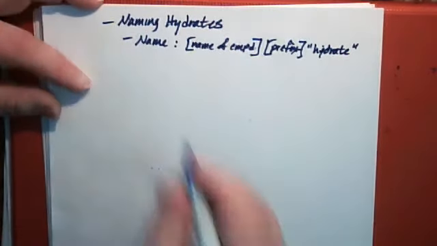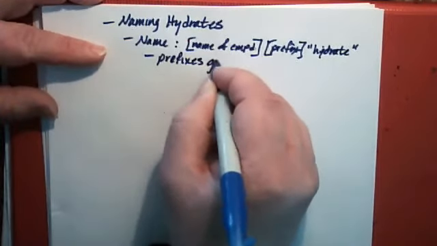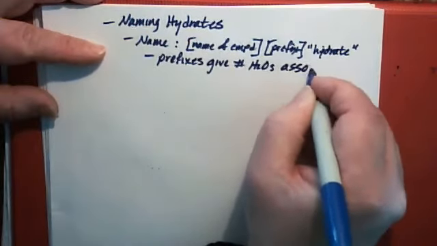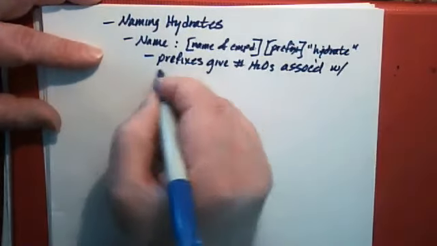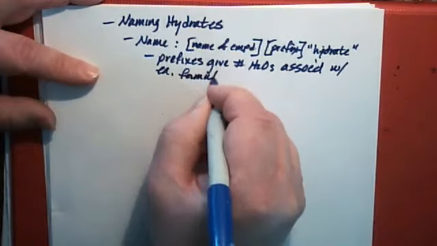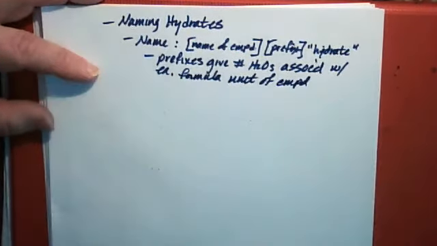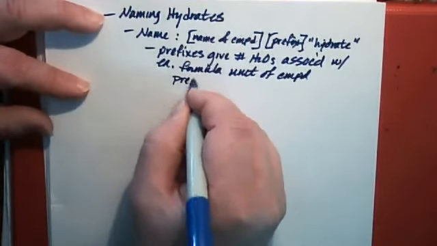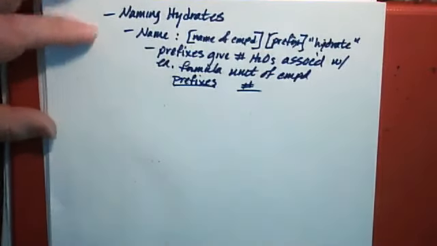The prefixes, as I mentioned, just give the number of H2Os associated with each formula unit of the compound. Okay, so here are the prefixes and the number that they represent.